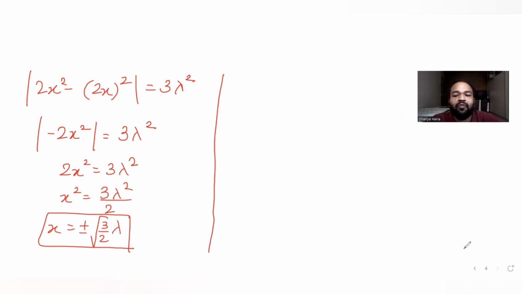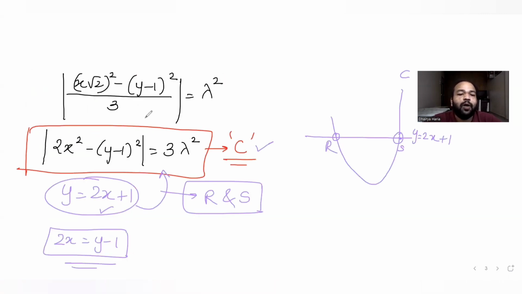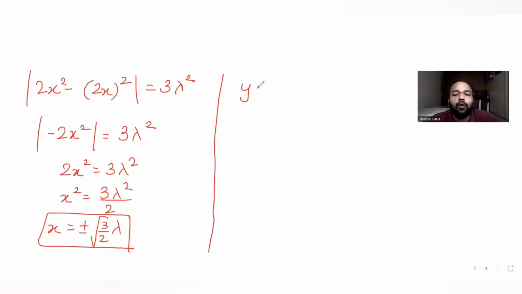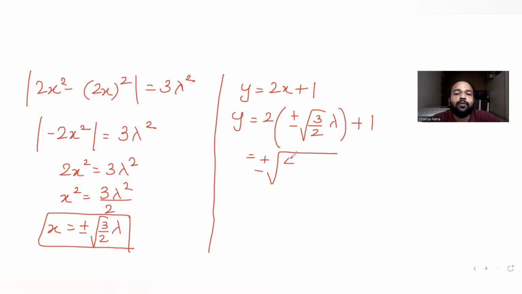If I now want to find out the y coordinate as well, I already know that it should satisfy both of these curves. So if I put the x coordinate in this equation of line, y is equal to 2x plus 1. So y is equal to 2 into plus minus √3/2 lambda. So if I solve this, I get further 2 goes inside, becomes 4.